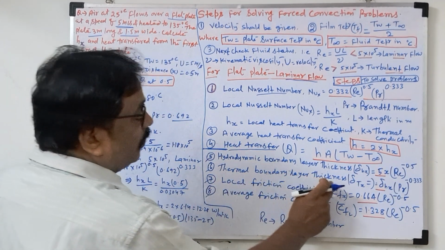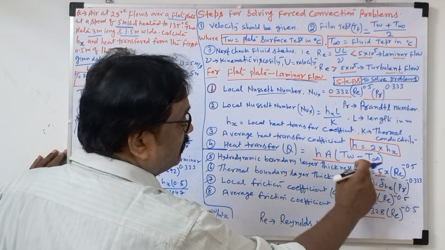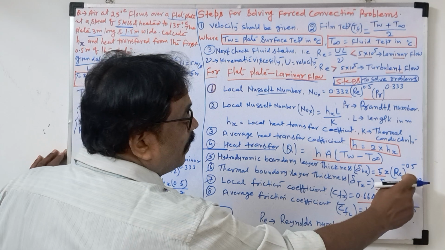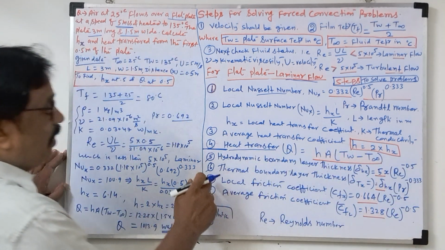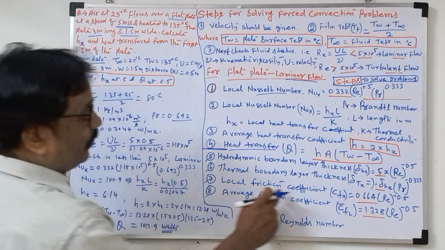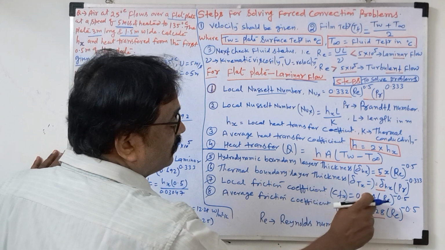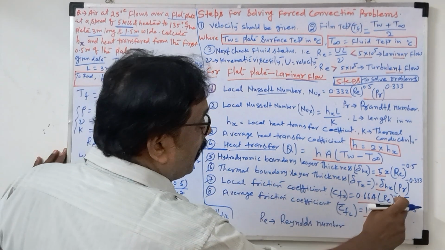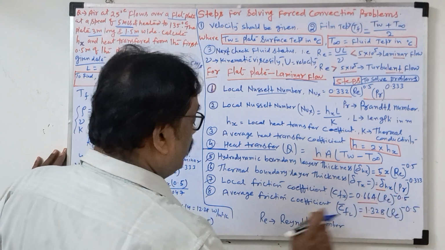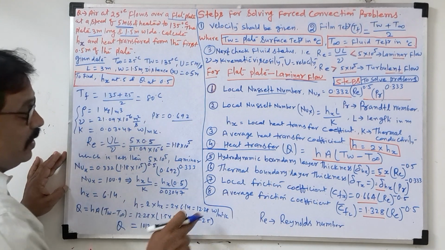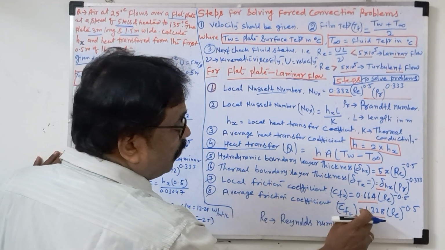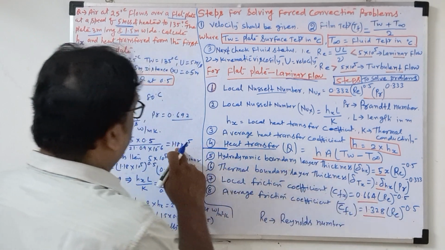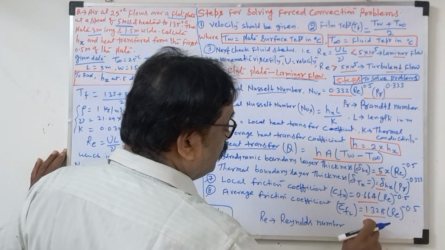If they ask the thermal boundary layer thickness, it is delta hx times Prandtl number power minus 0.333. Local friction coefficient they will ask: 0.664 Reynolds number 1.18 into 10 power 5, power minus 0.5. You will get the local friction coefficient. For average friction coefficient, 1.328 Reynolds number, the same value, power minus 0.5, you will get this answer.